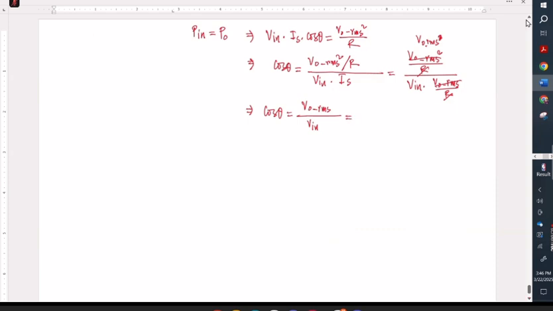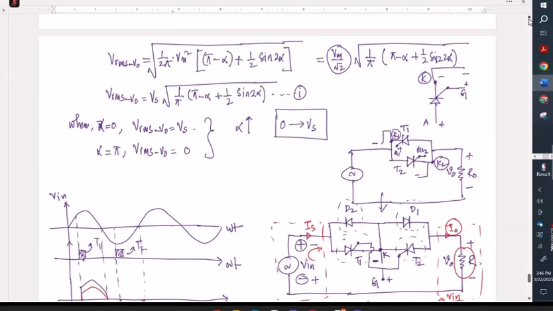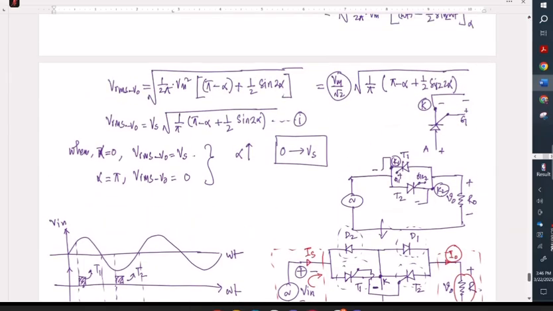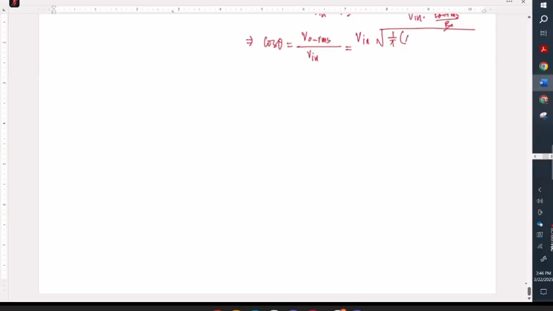So what was my V naught RMS? We derived that equation previously, right? This one. That time we wrote Vs, but now we are writing it as V in. So we can write V in times the square root of 1 over pi, then pi minus alpha plus half into sine 2 alpha, divided by V in.